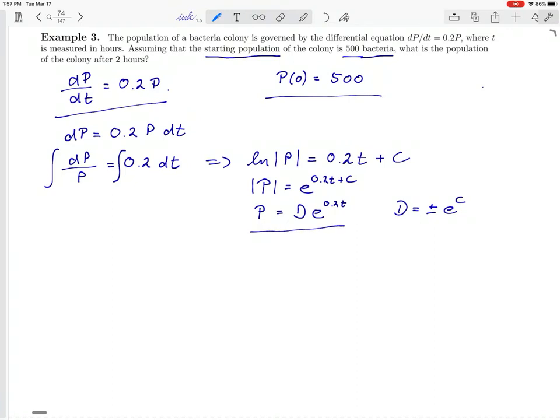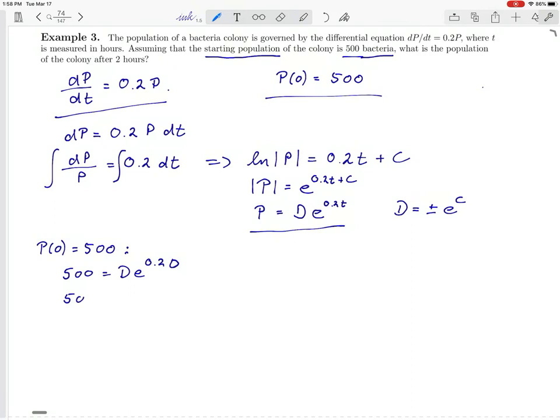Now I can solve for d subject to the initial condition p(0) equal to 500, and so I have 500 is equal to d times e to the 0.2t, and t takes on value 0 because that's our starting point.